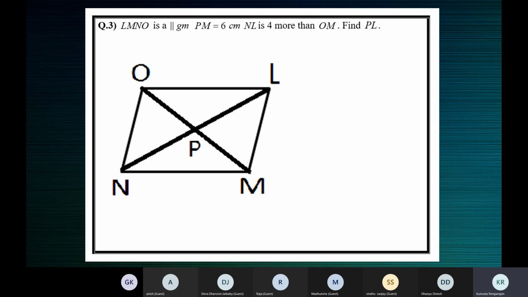PM is 6 centimeters and PM is a part of OM. And we know that the diagonals bisect each other. So P is the midpoint of OM. So if PM is 6 centimeters, what can you find with the help of PM?